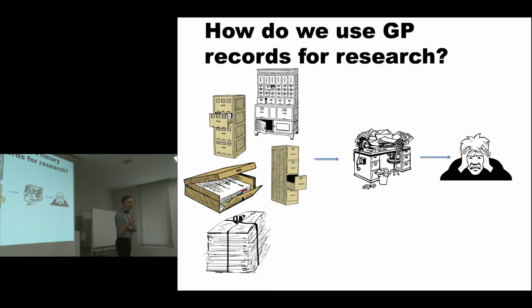I'm going to start by telling you a bit more about how you might use electronic health records to do this kind of research. So we were relying on primary care data. So how do we get primary care data and then me as a researcher try to make sense of it for a study?